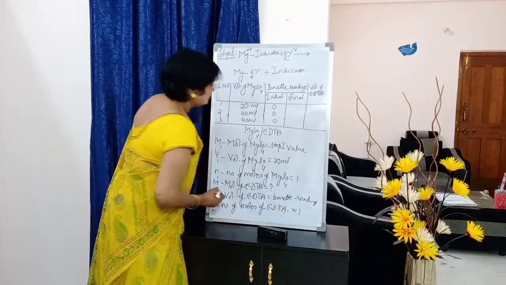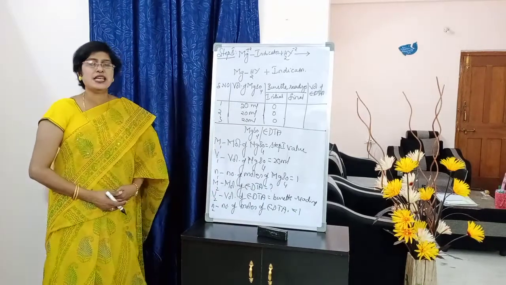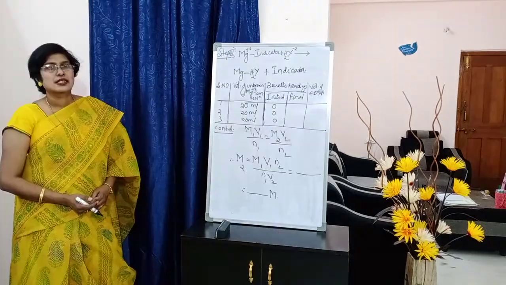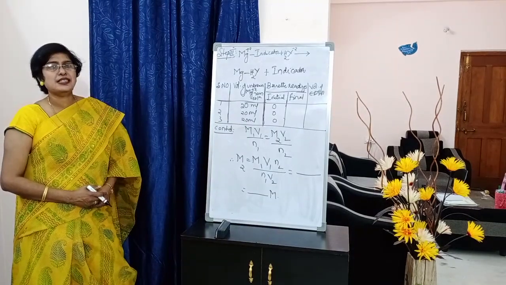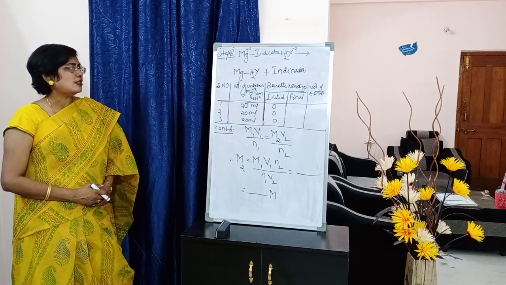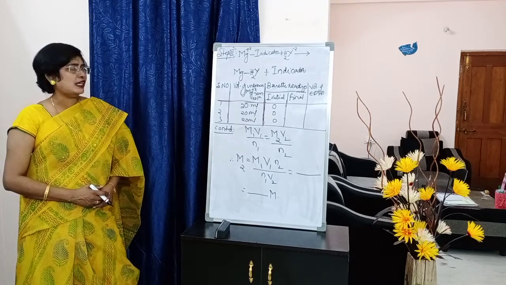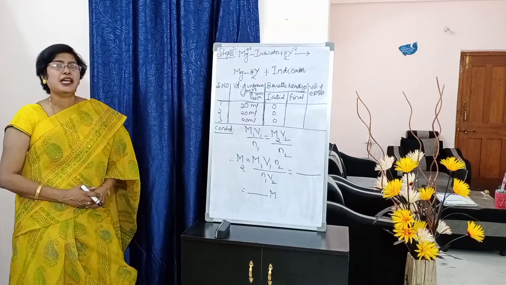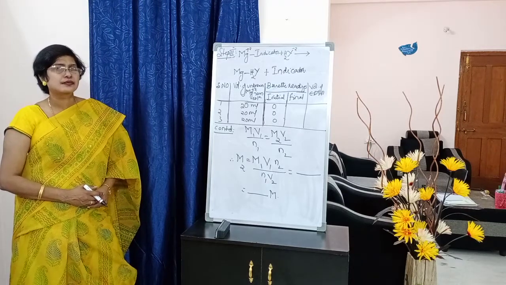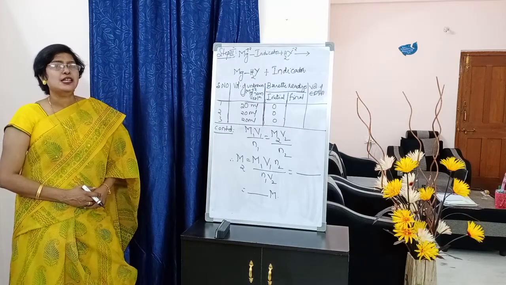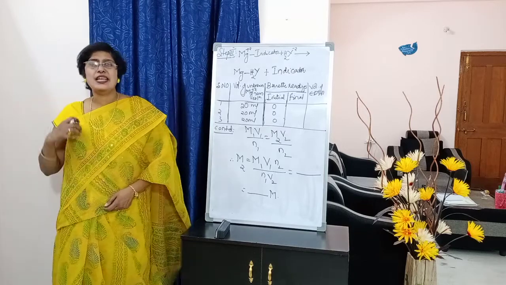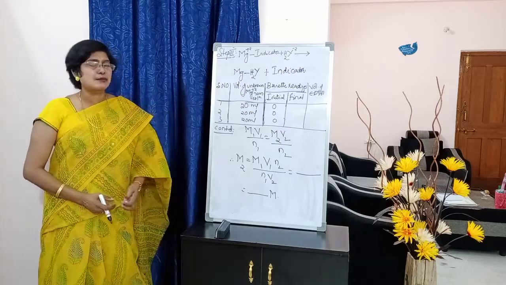Okay, students, note it down. So students, continue. After that, write down the formula M1V1 by N1 equals M2V2 by N2. What is to be calculated? Molarity of EDTA, right? Which is denoted as M2.